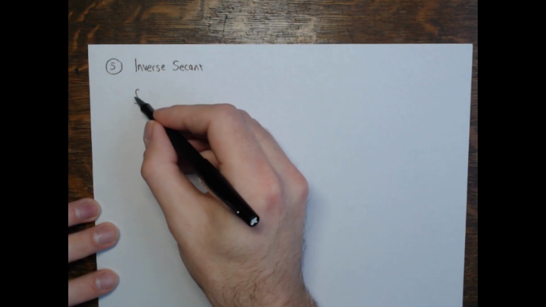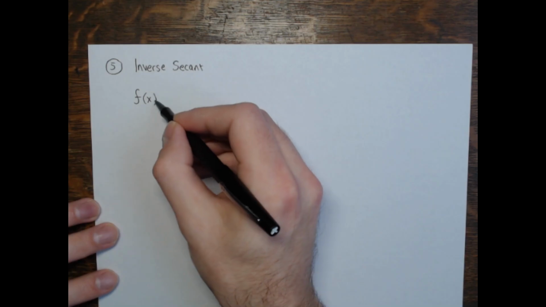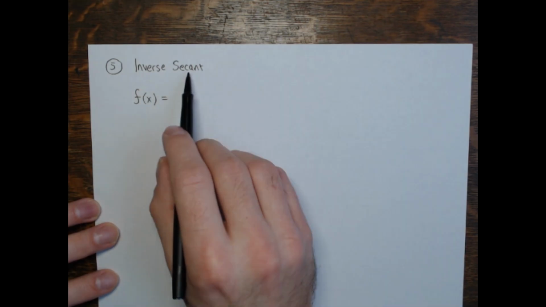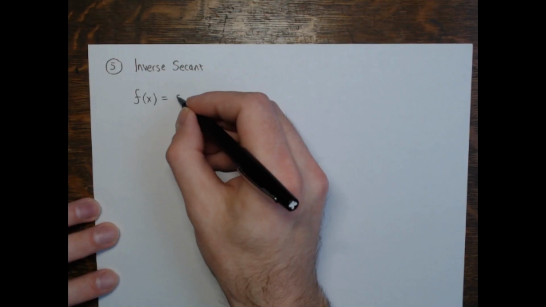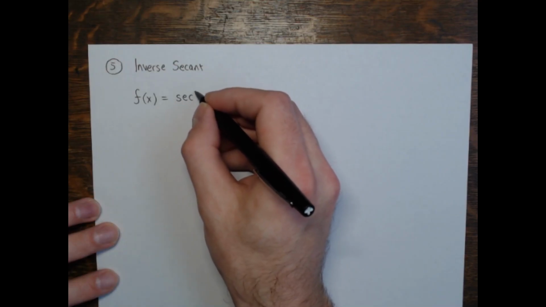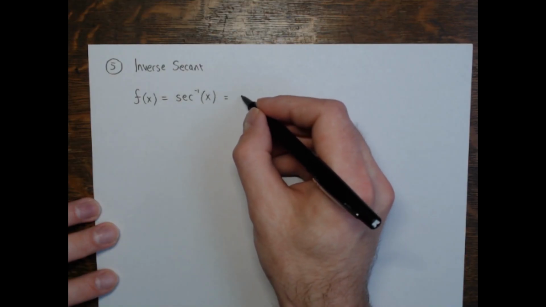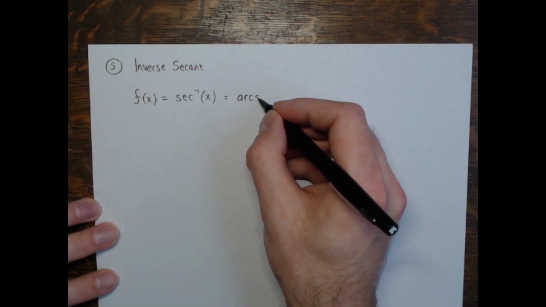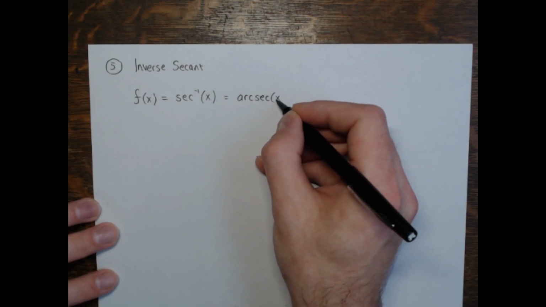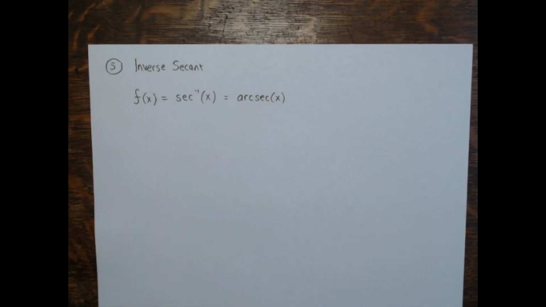So the original function, the one I'm calling f, the one we're trying to find the derivative of, is inverse secant, so SEC with the little -1 above it, of x, or arc secant of x, same thing.